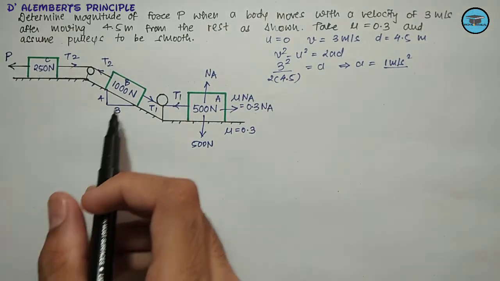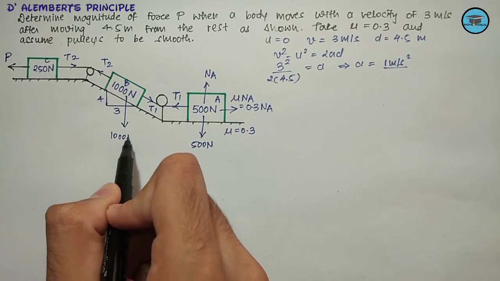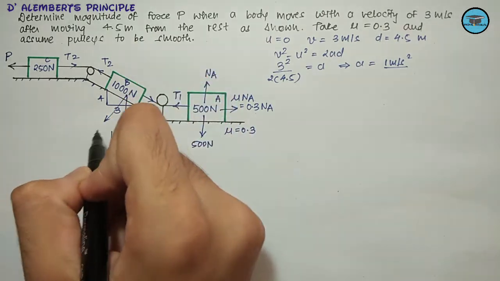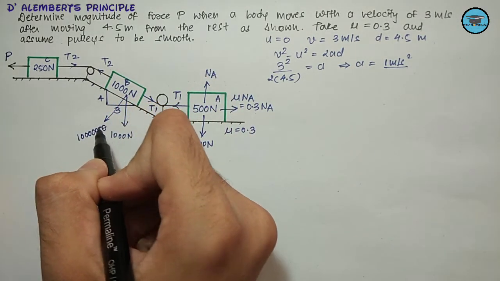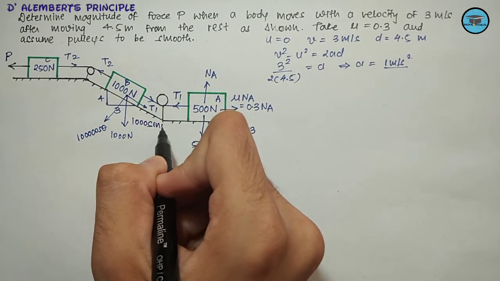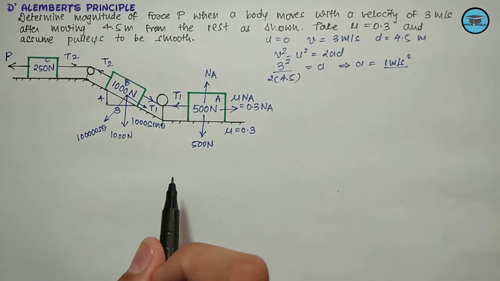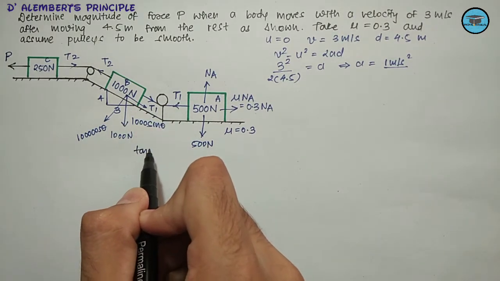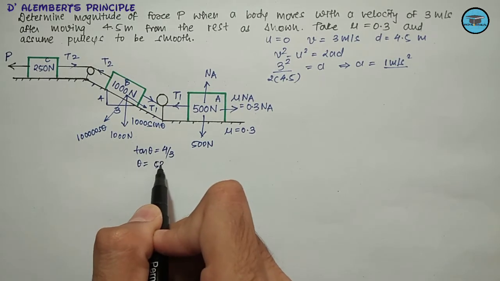For block B, the weight acts in the downward direction, that is 1000 Newton, with one component 1000 into cos theta and another component 1000 into sine theta. The angle is given as tan theta equals 4 by 3, so theta comes out to be 53.13 degree.